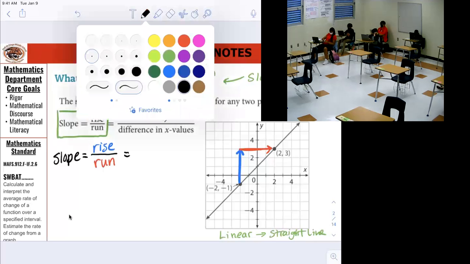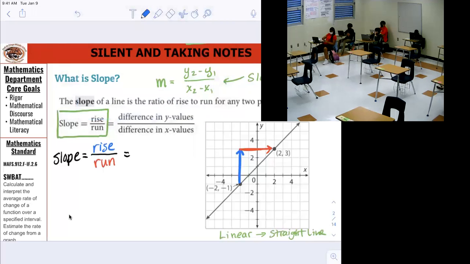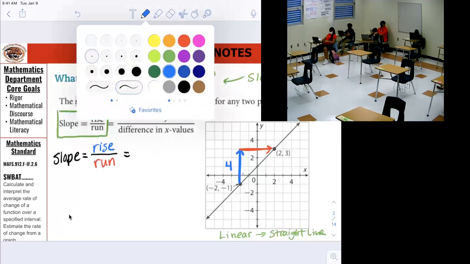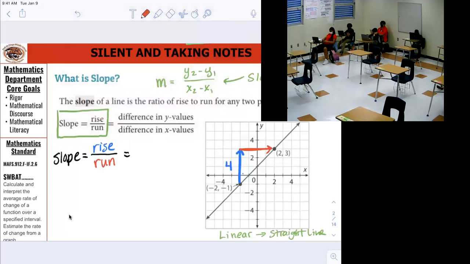And I want to count how far I went up and how far I went to the right. So you've got to count the units. It's going by 1. So how far is the blue line? 4 units, exactly. 1, 2, 3, 4. How long is the red? Also 4, right? Okay. So that means my rise is 4. My run is 4.